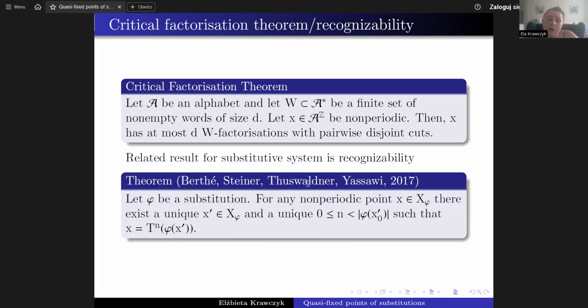And in the context of a substitutive system, a very closely related result is what is called recognizability.